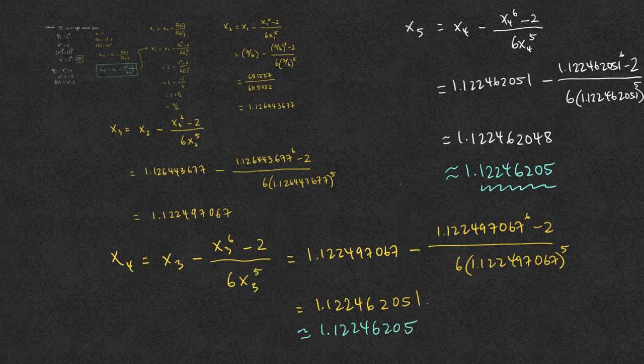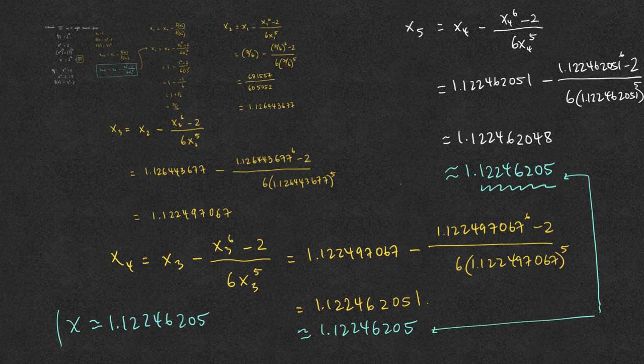Since the decimal places match already, we stop at this point. We conclude that the solution is approximately 1.1224620 up to 8 decimal places.